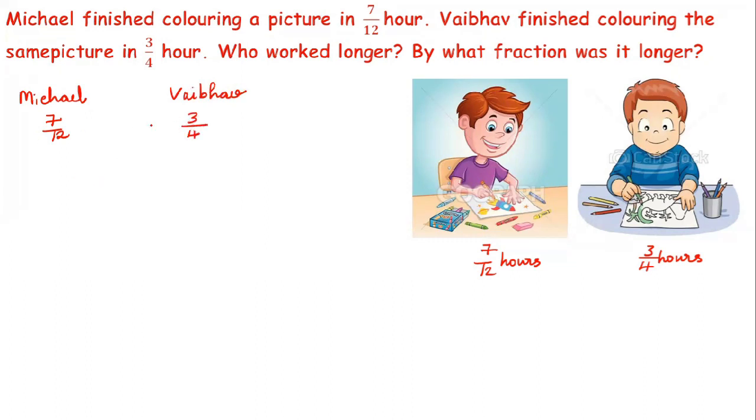Who worked longer? Means you have to compare. Here the denominators are not equal, so make the denominators equal. Here 12 is a multiple of 4. So 4 3s are 12. Here also multiply by 3. So 7 by 12, and 9 by 12, which is greater? Denominators are equal, so compare the numerators. The greater the numerator, the greater the fraction.